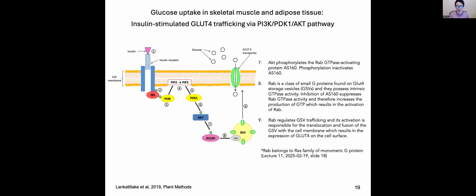Okay, so Rab actually regulates the GLUT4 storage vesicles trafficking, and its activation is responsible for the translocation and fusion of these GLUT4 to be present on the cell surface, right? So that's essentially the pathway from insulin to mobilizing the GLUT4 transporter onto the cellular membrane. All right.